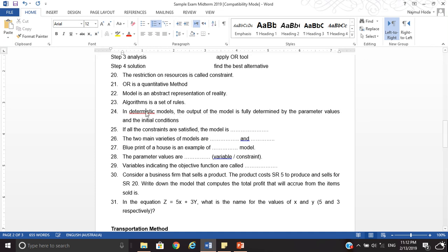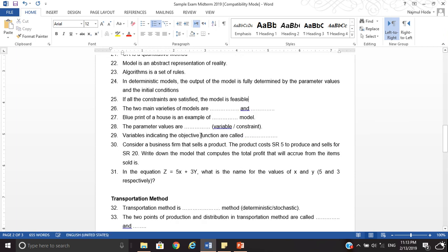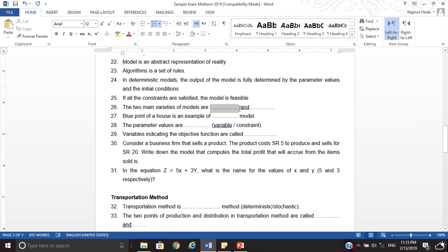Deterministic model. If all the constraints are satisfied, the model is feasible. Earlier we solved this question, it's coming again. The two main varieties of models are physical or iconic and mathematical.